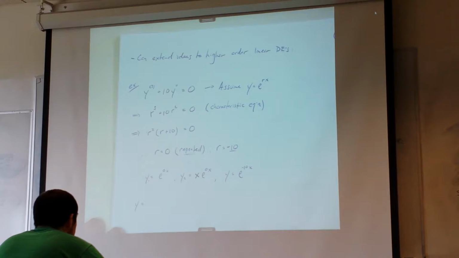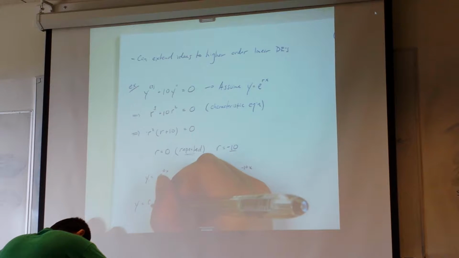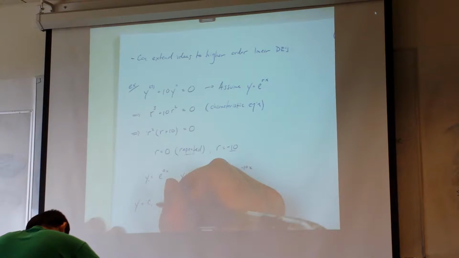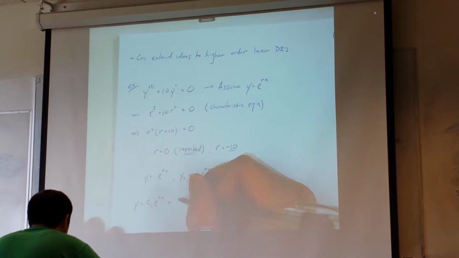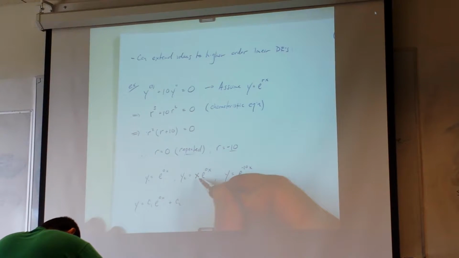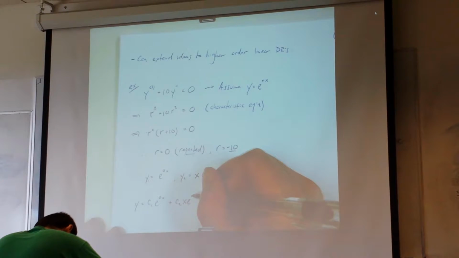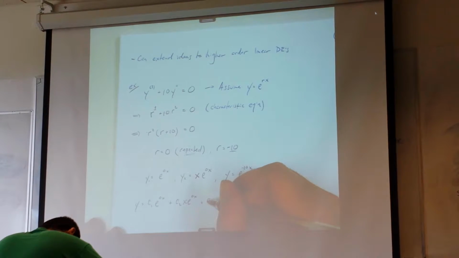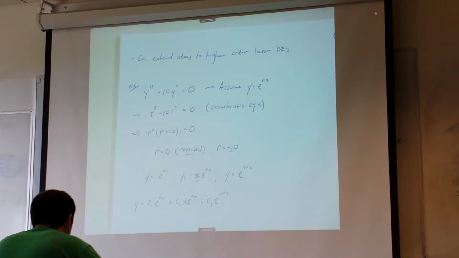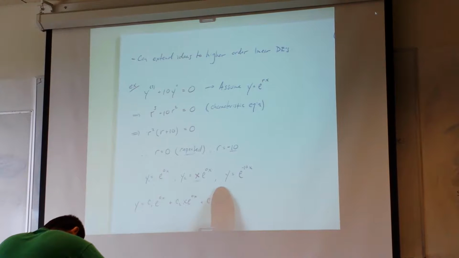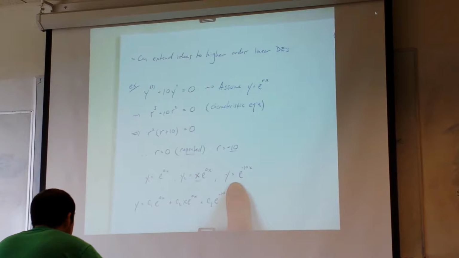So the general solution would be c sub 1 e to the 0x, plus c2 x e to the 0x, plus c3 e to the negative 10x. So it picks up a linear factor if it's repeated twice. If it had a multiplicity 3 root, we'd have e to the 0x, x e to the 0x, and another one, x squared e to the 0x.